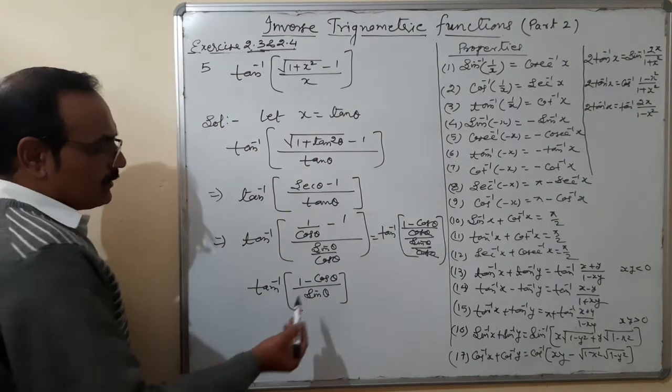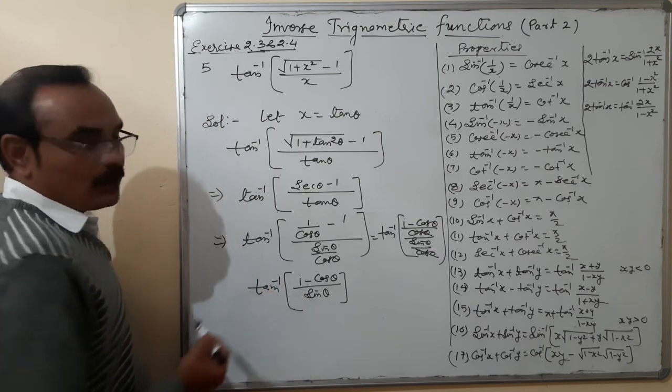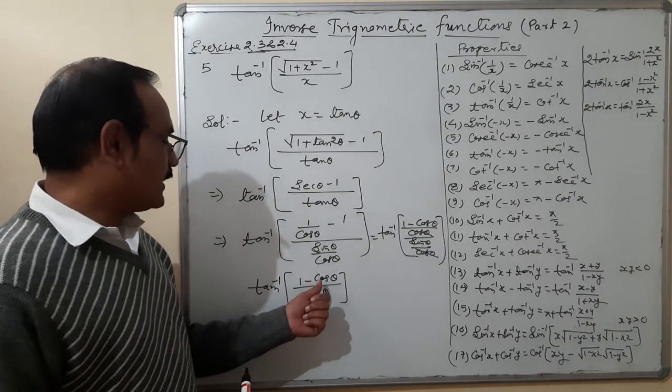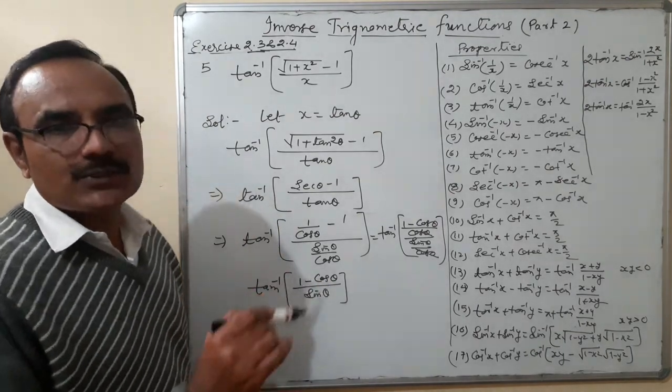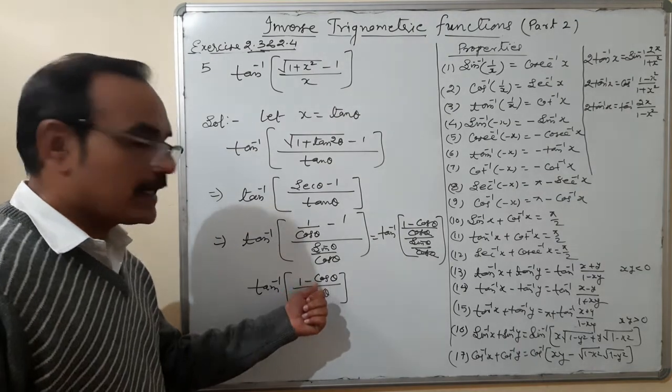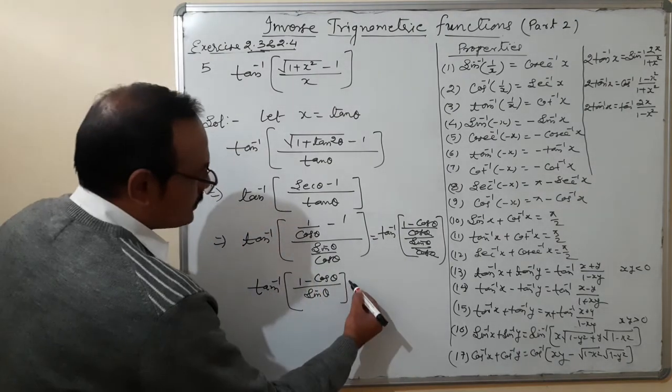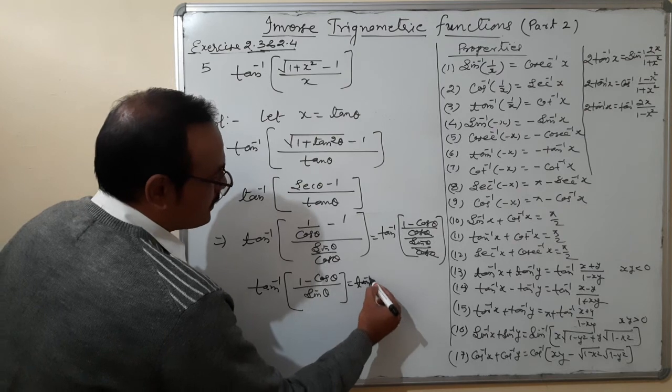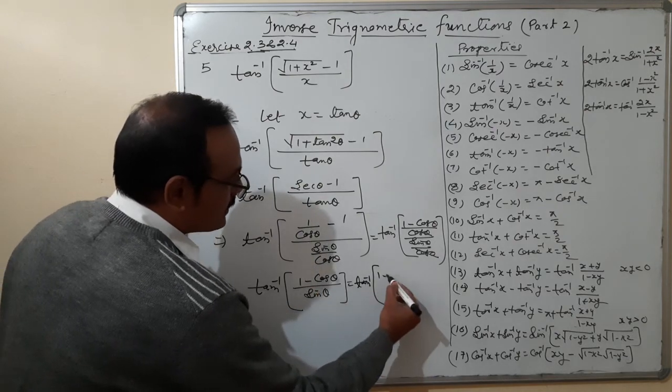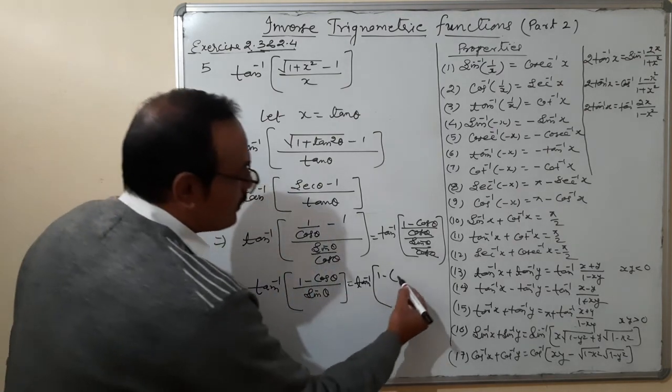Here we are using the second, because 1 is here with the positive form. So if I write cos theta as 1 minus 2 sin square theta by 2, then this 1 will be cancelled by 1.